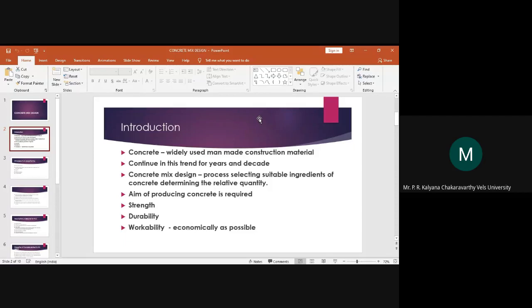The third factor will determine the economical activity. If it is workable, it will be economical. It should be as economical as possible, so based on the economy, we have to design the workability. So these three are the primary objectives of producing concrete.